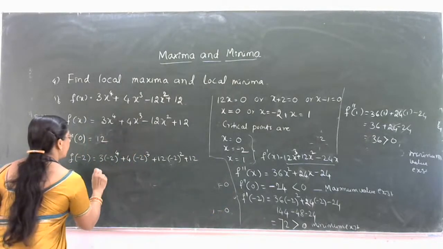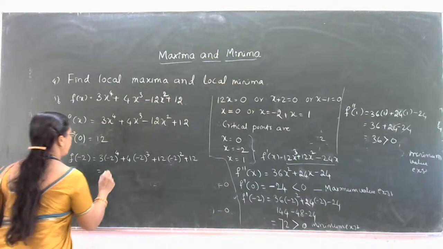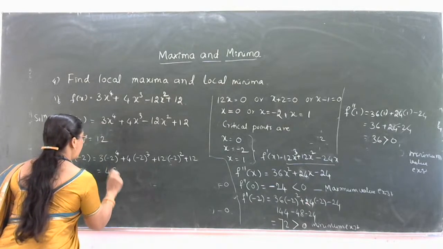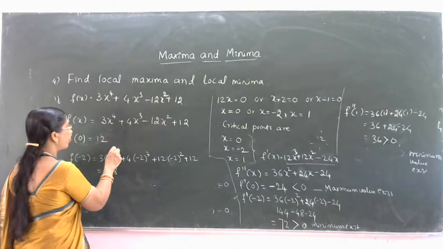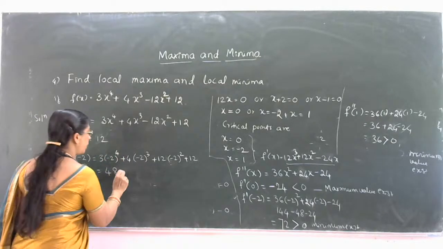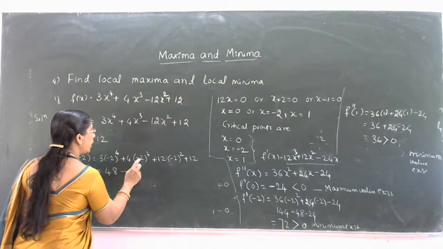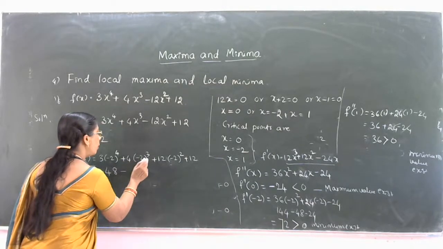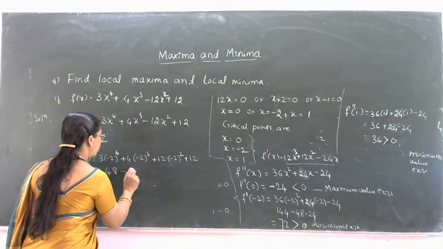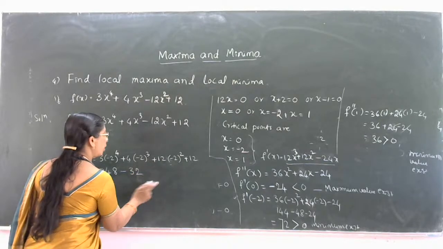Here it is 48, positive, because minus 2 to the power 4 is 16, times 3 is 48. Then it is negative, because minus 2 to the power 3 is minus 8, into 4, which is minus 32.